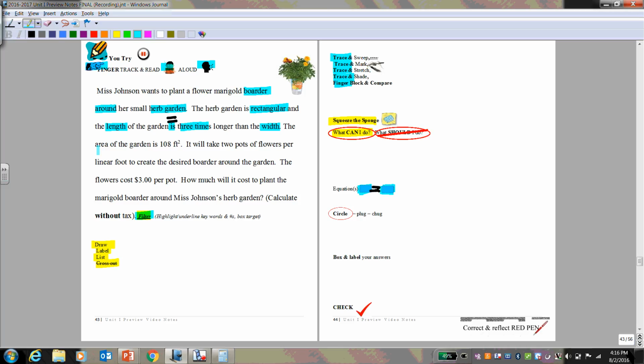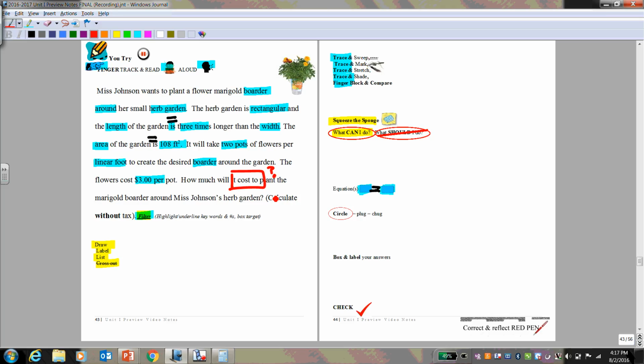The area of the garden is 108 feet squared. It will take 2 pots of flowers per foot to create the border around the garden. The flowers cost $3 per pot. How much will it cost, the ultimate question, box it with the question, the marigold border around the herb garden.